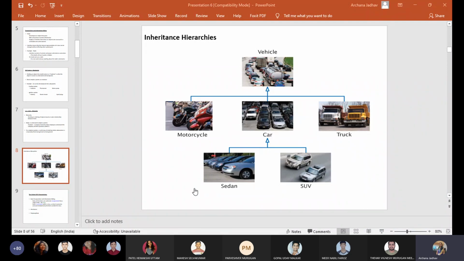Normally when we are talking about inheritance, we talk about the parent and the child relationship. See how this parent and child relationship you have. A child always inherits some of the characteristics from the parent, and they have their own characteristics also. Like if the parent is good in singing, maybe any one of his children may also be good in singing.